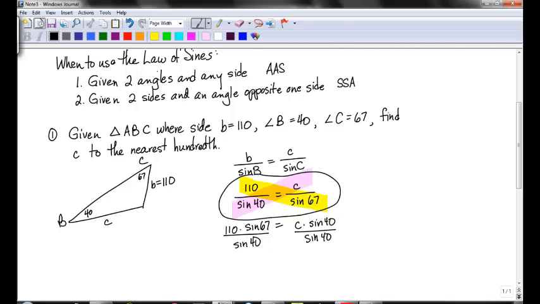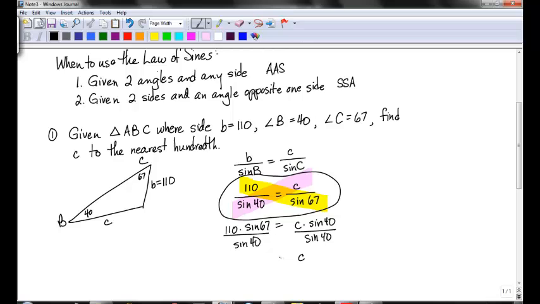Okay, so I basically want to take 110 times the sine of 67, and then I want to divide that by the sine of 40. And then they want you to round that to the nearest hundredth.